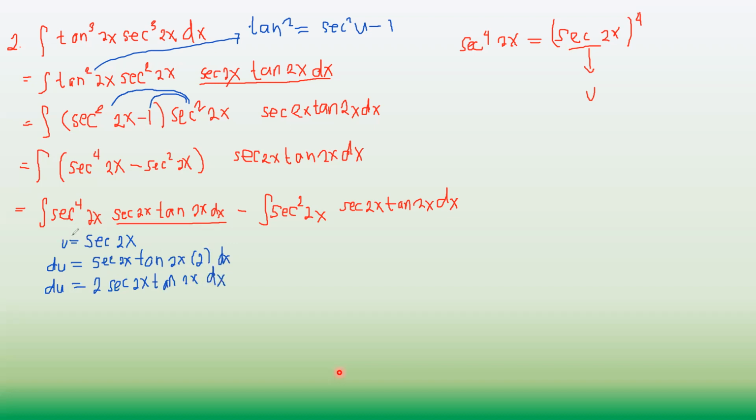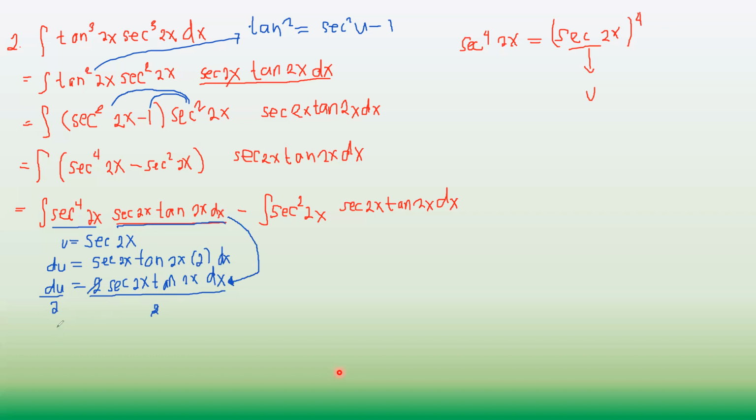Ito yun, ang u ay secant. Yung una lang, ito yun, u raised to 4. Ito maiiwan, secant tangent dx. Ito na siya. Doon mo siya hanapan ng katumbas sa du. Magkamukha na ba sila? Hindi pa, di ba? Ito kasi ay secant lang, ito ay may 2. So para maging secant 2x tangent 2x lang ito, divide natin ito by 2. Kabilang side na equation. Para makuha natin yung katumbas ng secant 2x tangent 2x dx.